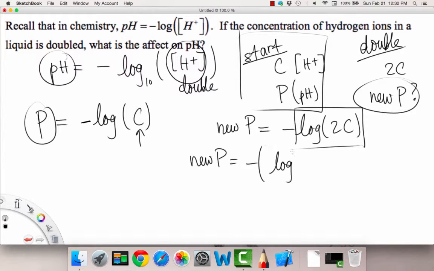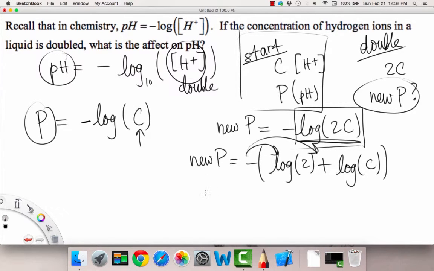So we're going to break down this thing in the box into log of 2 plus log of c, okay? And then now we can distribute the negative sign. So now we get that the new pH is equal to negative log of 2, and that's just a constant, minus log of c, okay?